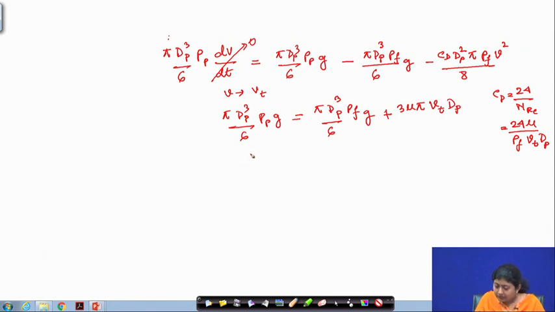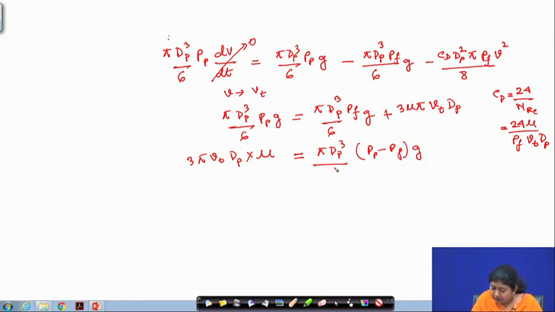Then we can calculate the dynamic viscosity: mu into 3 pi v t dp equals pi dp cube into (rho p minus rho f) g by 6.